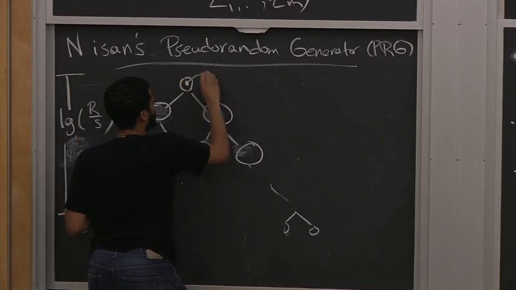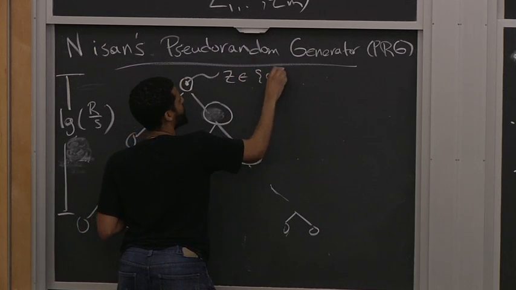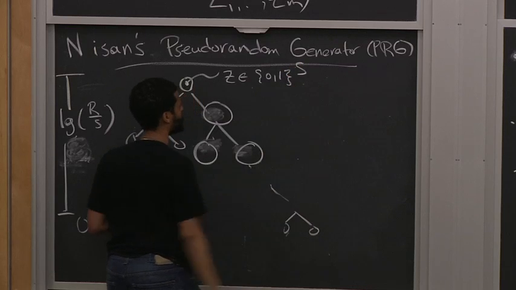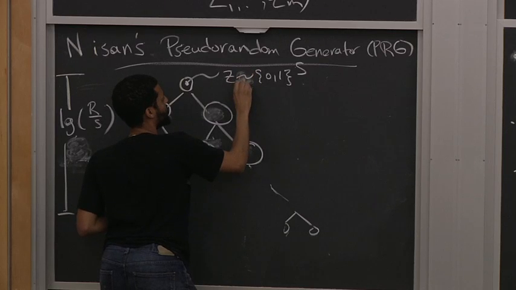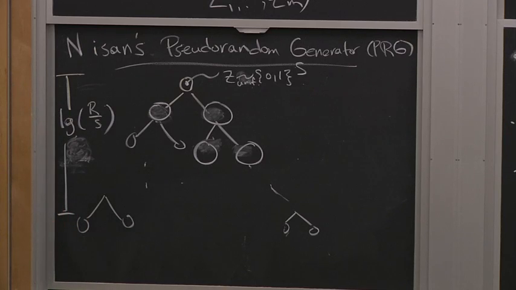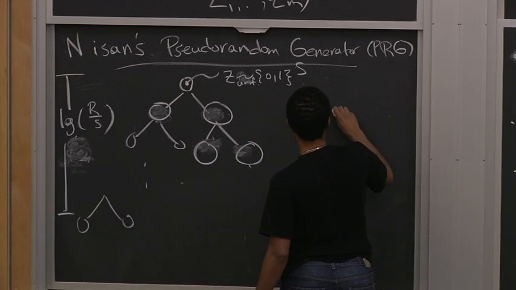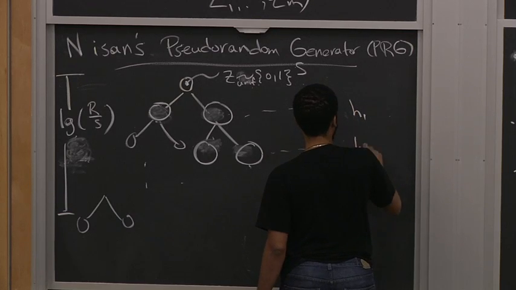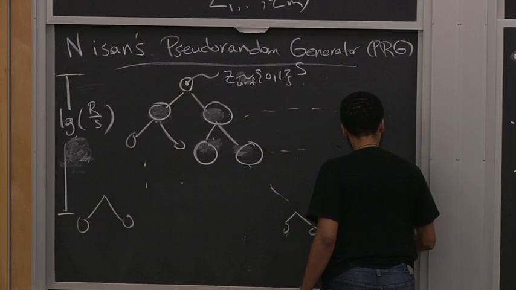The root node is going to have a value z, which is a uniform random s-bit string in 0, 1 to the s. And every layer, there's going to be a hash function. Let's call it h1 the first level of the tree, h2 the second level of the tree, up to h log of r over s.